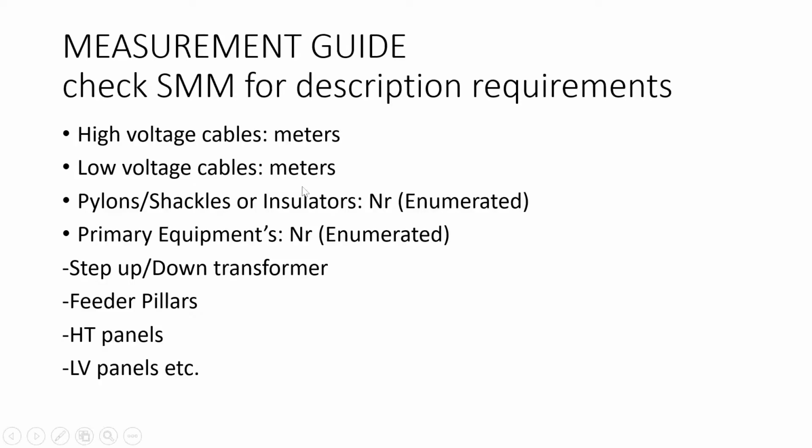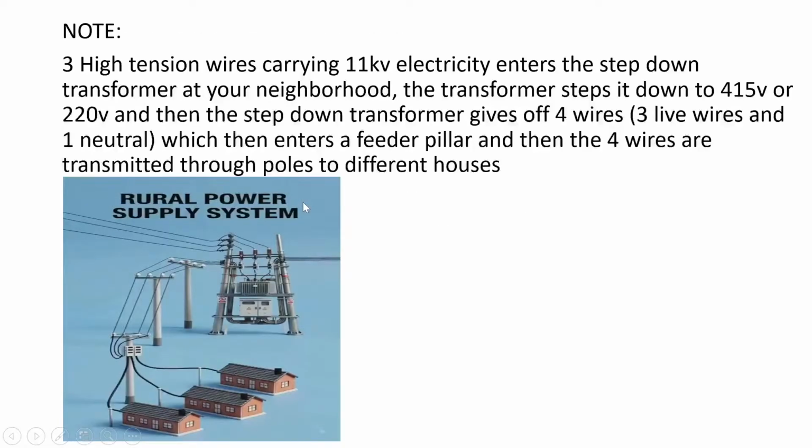Good. So now, before I move further, shackles or insulators. What are shackles or insulators? Now, if you look at this, you see this stuff that looks like rings on top of our poles, right? Those are called shackles. So these shackles can either be what? Disc shackles or insulators, or pin shackles or insulators.